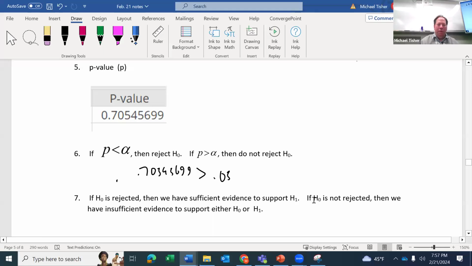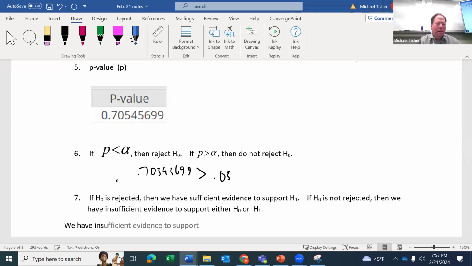So then that tells us what to do. H0 is not rejected, so that means we have insufficient evidence to support that exactly 80% prefer driving a car over a truck. That's the problem. We're saying exactly 80%.